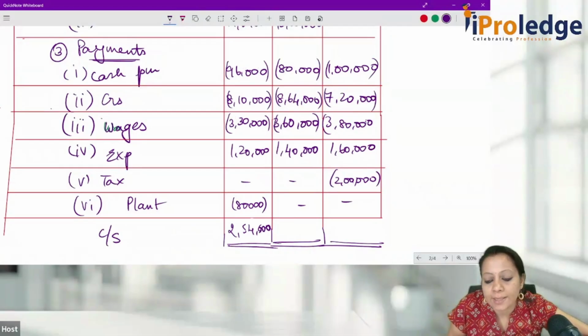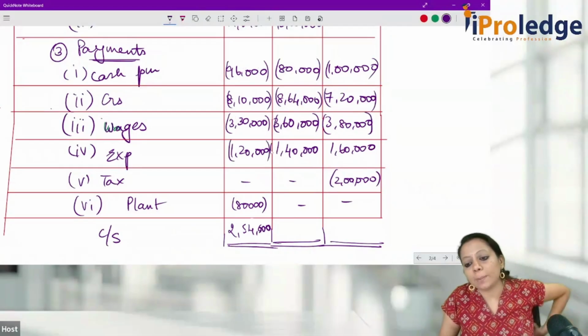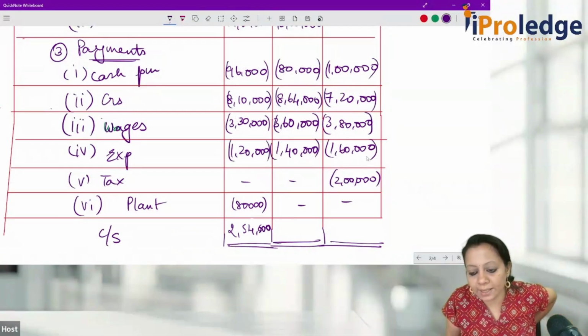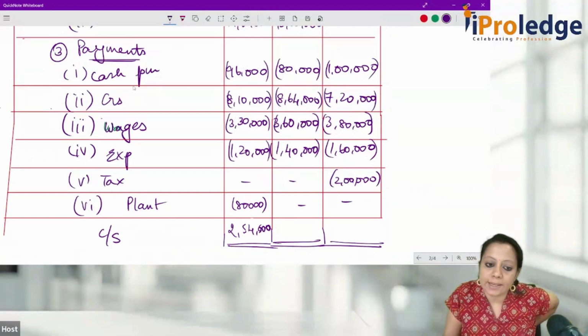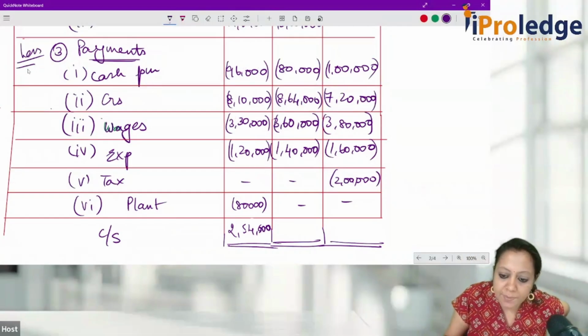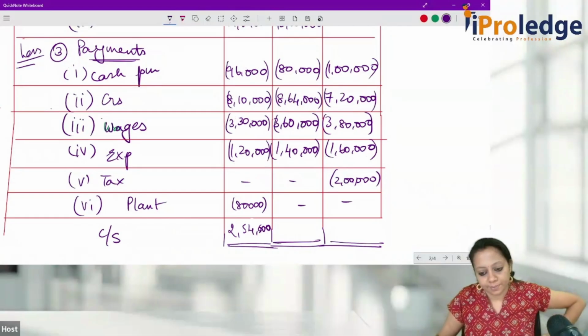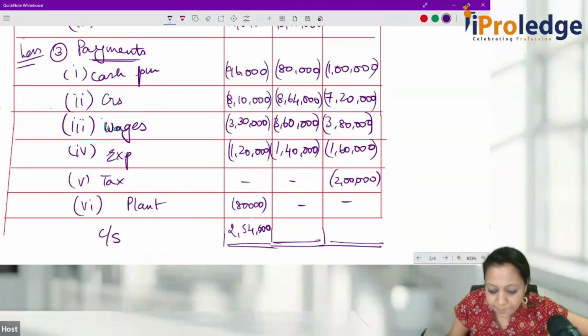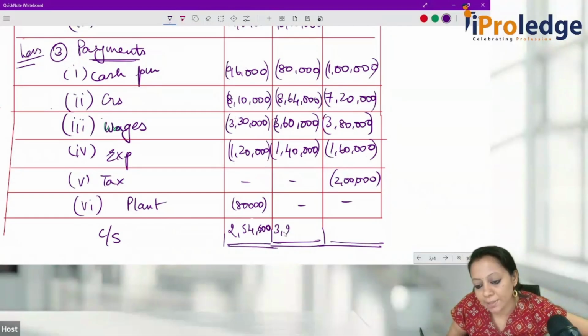If you're in a hurry in the exam, you just write less. Ideally, putting in bracket is easy for the person who's correcting. But if you're in a hurry, you just write less payments. 324, all right.